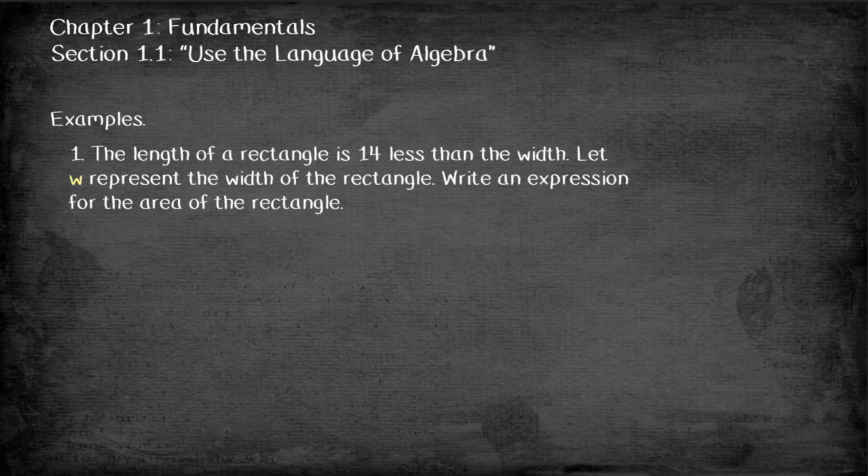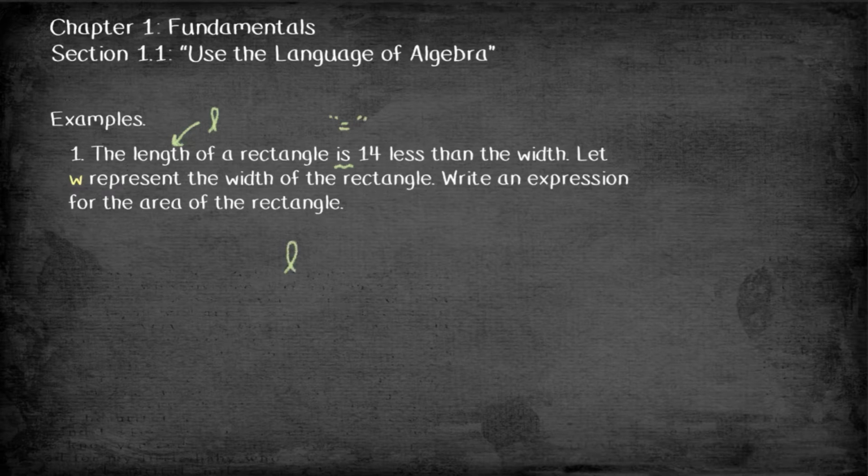Maybe we can call the length, well, if we're not so creative, we can just call it L. So if we call the length of the rectangle L, we're saying that the length of a rectangle is. So the word is generally means equals.